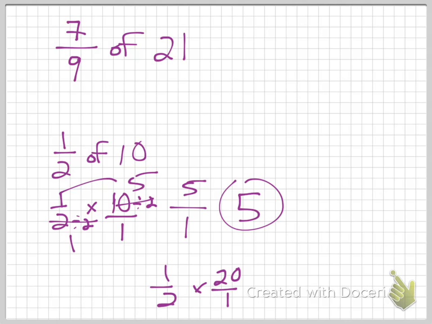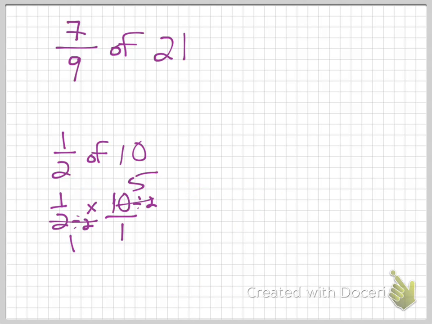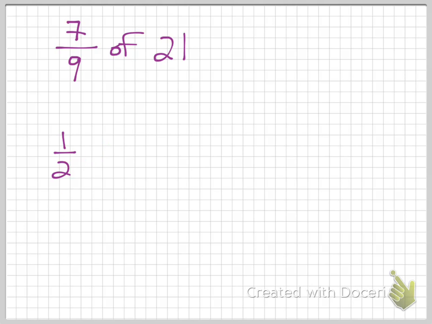So just remember that. Let me erase all this. What if I asked you what is 1/4 of 20? Don't say it out loud. What do you do at this point? 1/4 of 20. What does of mean?